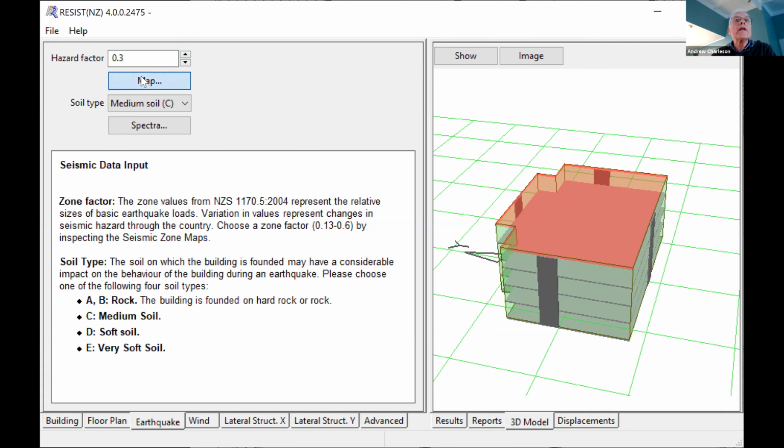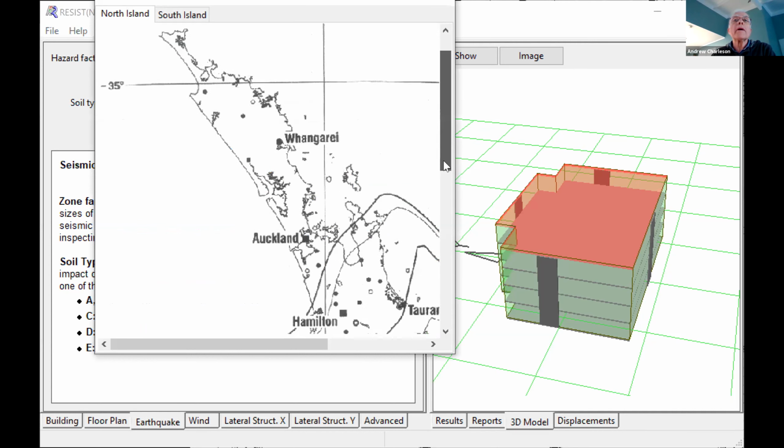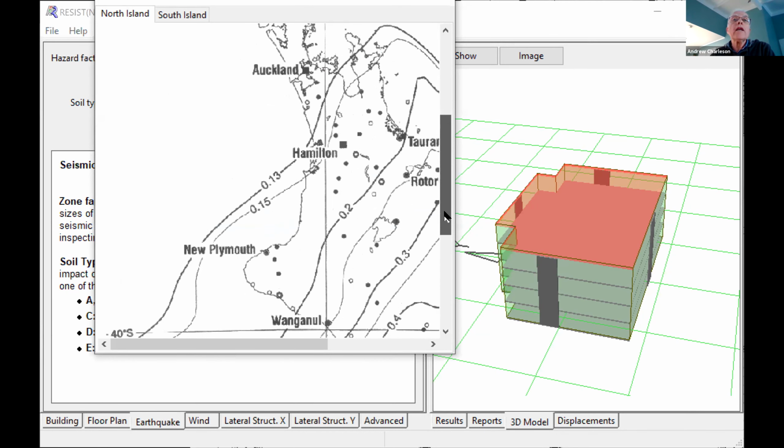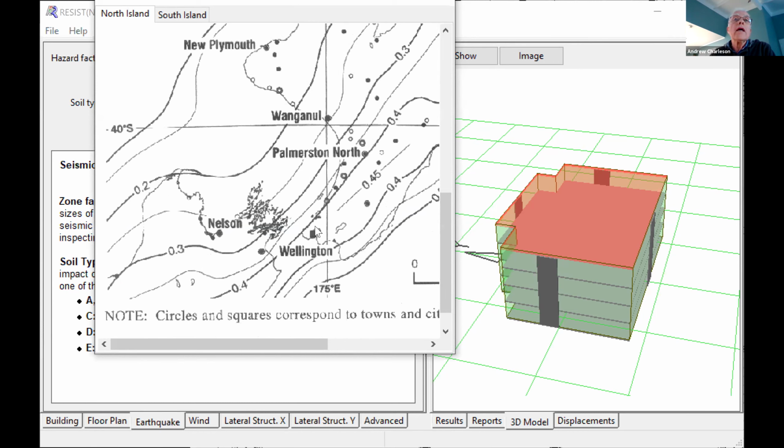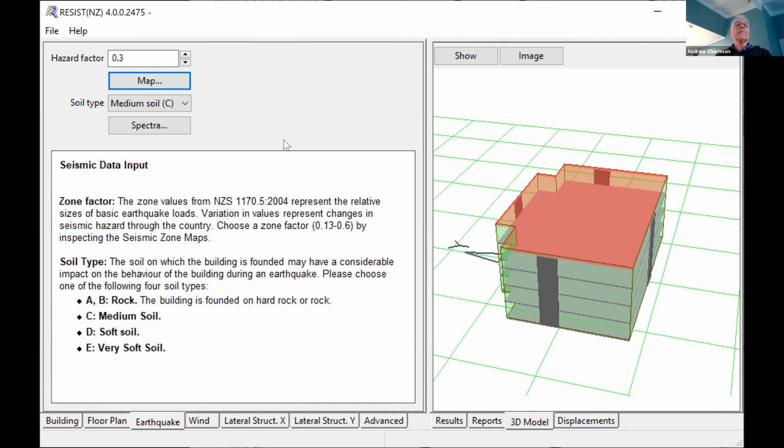And like for New Zealand, we have a map. I live in Wellington, and its value for the hazard factor is about 0.4. Then you have to choose the soil type.